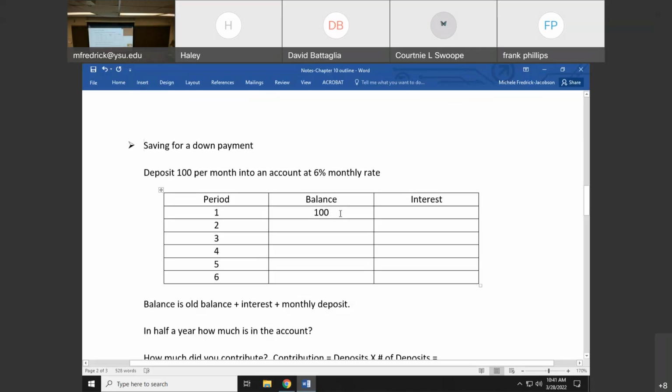So if you open an account for $100, at the end of the first period, you will have already made interest. And in this case, it was a monthly rate of 6%. So your interest would be 100 times 0.06.